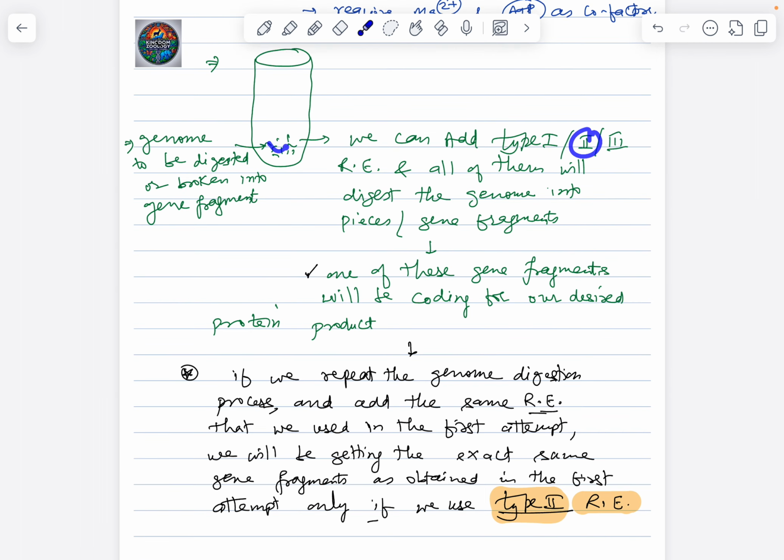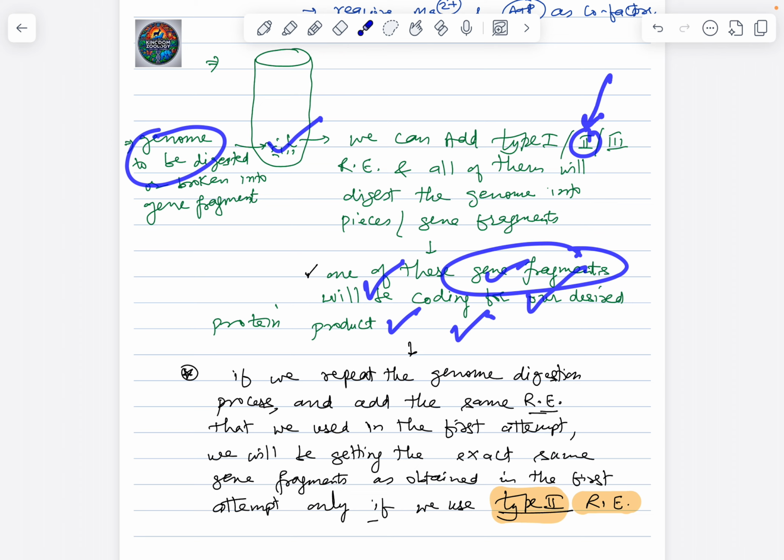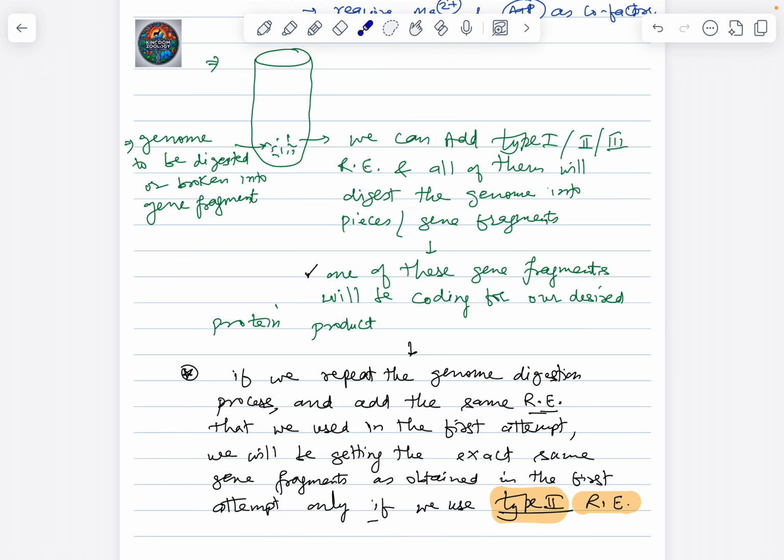Type 2 enzymes will identify a palindrome, cut at a particular place, produce particular gene fragments. One of those gene fragments will be coding for your desired protein product. Take the same genome again, put the same type 2 enzyme again, you'll get exactly the same gene fragments the second time also.